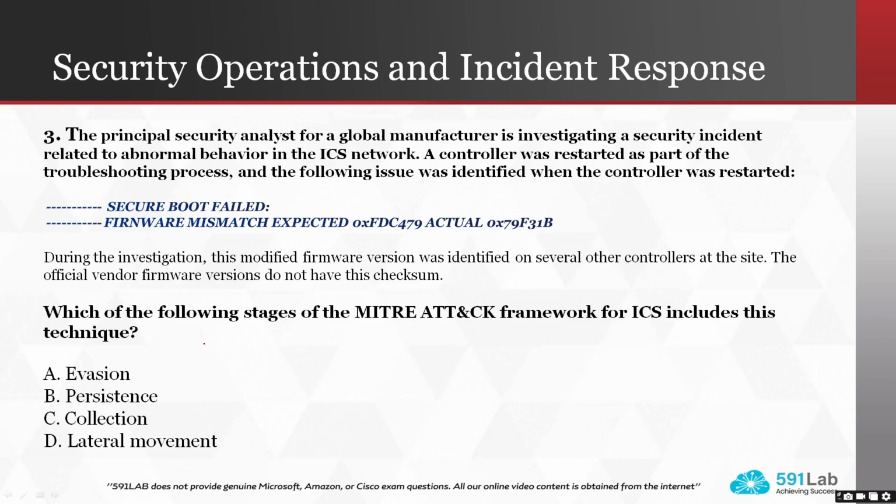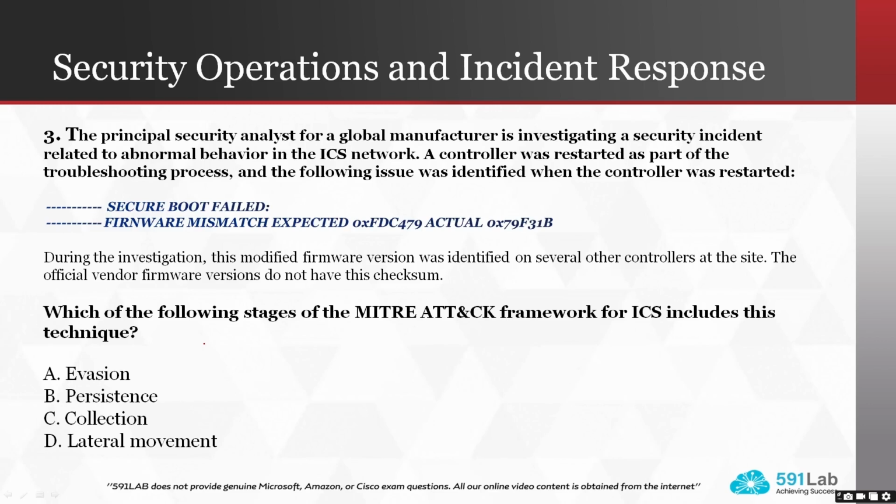Which of the following stages of the MITRE ATT&CK framework for ICS includes this technique? A. Evasion. B. Persistence. C. Collection. D. Lateral movement.